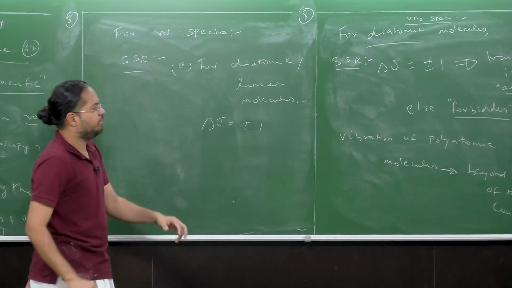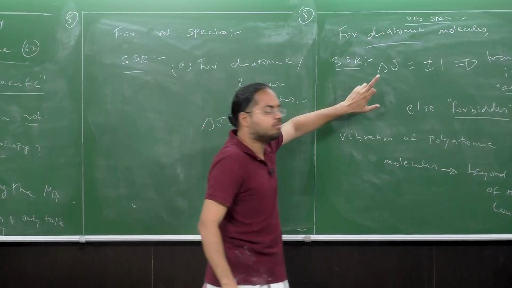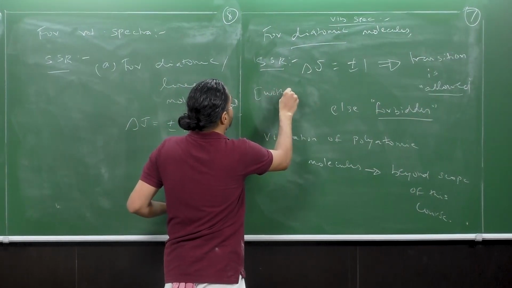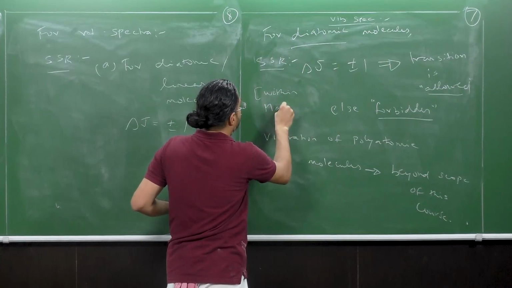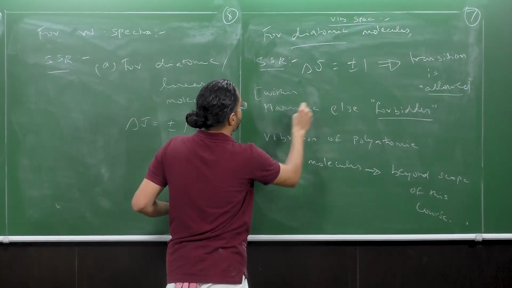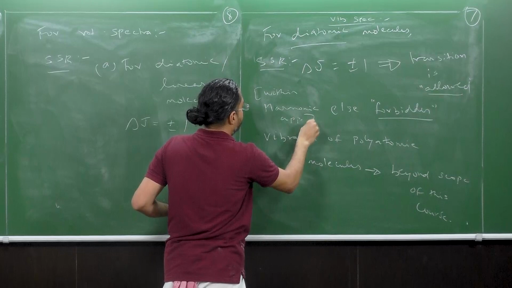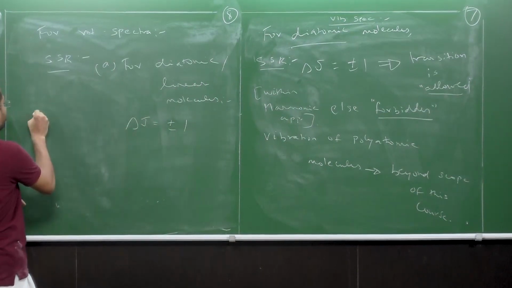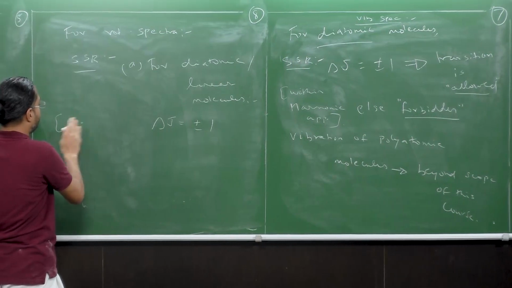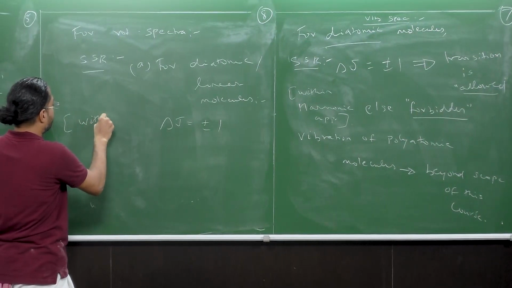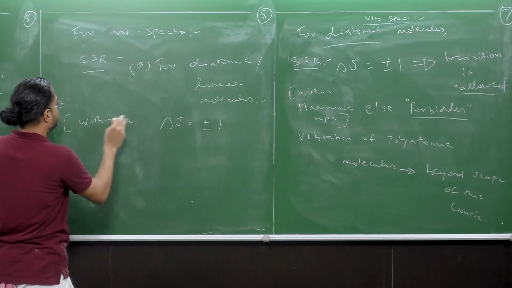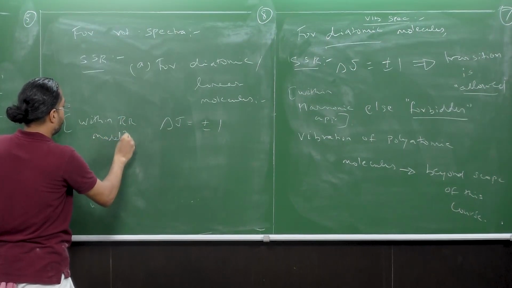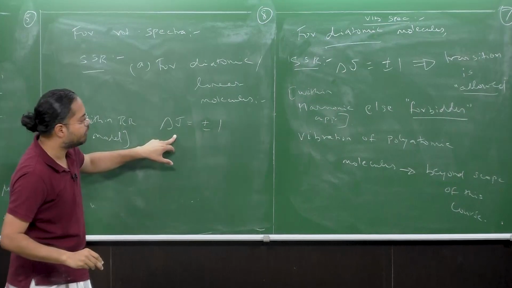And note that here, of course, we are talking within the harmonic approximation, the rigid rotor (RR) model. Okay, so delta J is ±1.